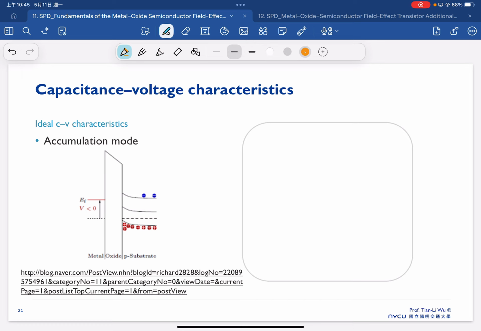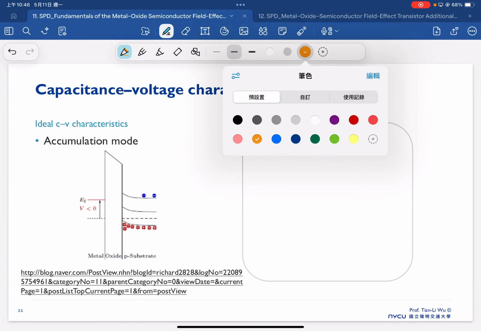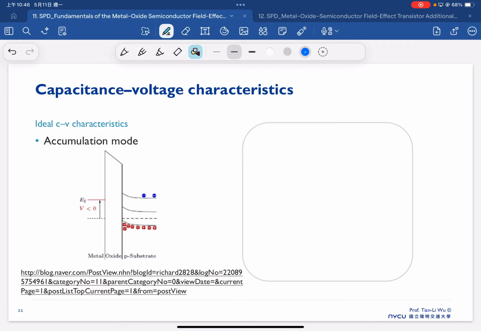So when we characterize the capacitance versus voltage, we have the voltage in the time domain, and of course we give a DC bias.